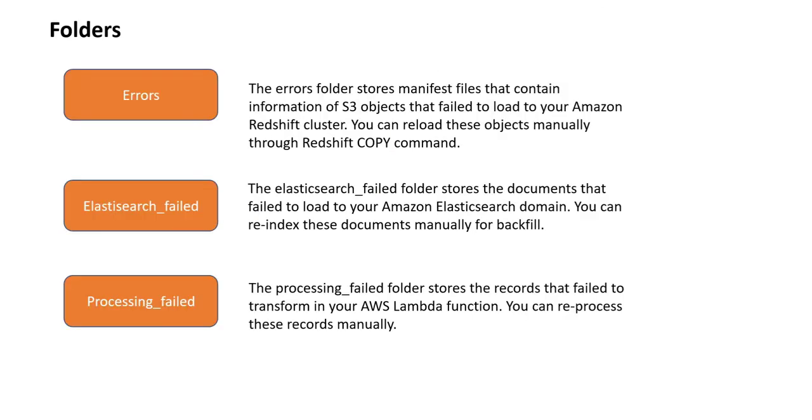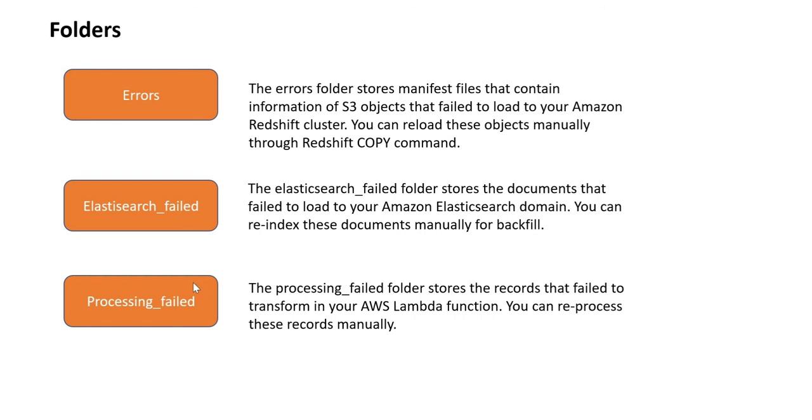So overall, there are three folders that are created in S3. The first folder is for errors. So whether there are writing errors or errors during copy from S3 to Redshift cluster, these are present here. Elasticsearch failed is where the documents that fail to load in Elasticsearch domain can be found. So we can re-index these documents manually for backfill.